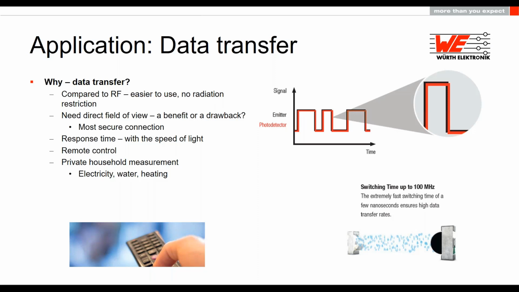Response time compared to radio frequency is also with the speed of light, and basically the benefit and the drawback in this case, it's a very secure connection that needs a direct contact between emitter and detector. So without direct contact, there will be no signal transfer.